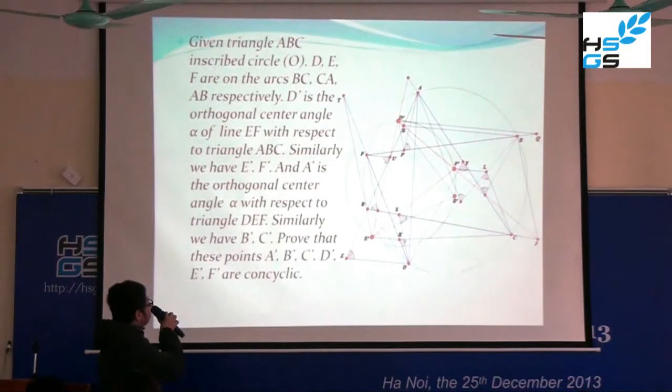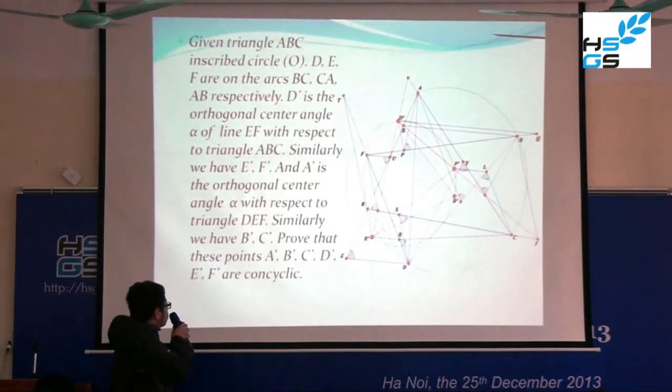Similarly, we have E prime and F prime. Let A prime be the orthocenter of the angle alpha line with respect to triangle DEF. Similarly, we have B prime and C prime. Prove that the 6 points A prime, B prime, C prime, D prime, E prime, and F prime are concyclic.